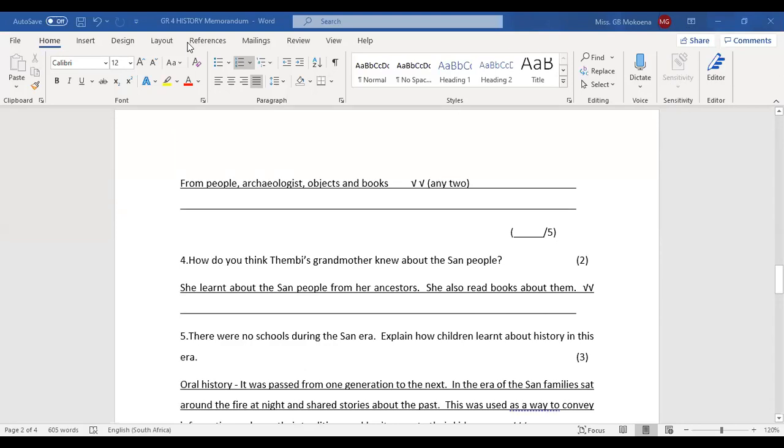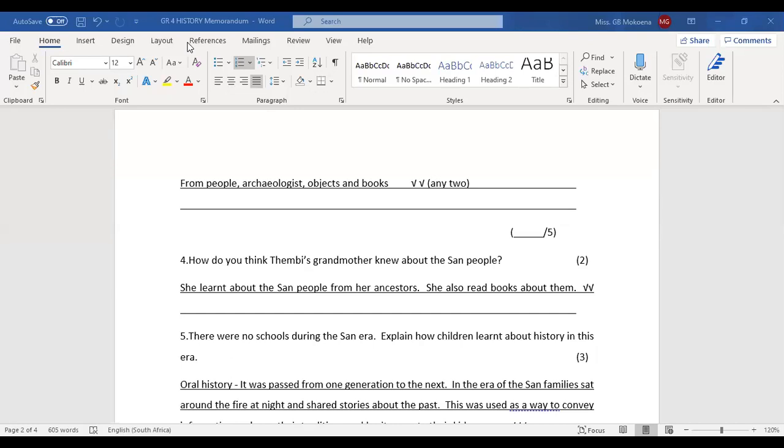Is there anyone who has a different answer than mine? Awande? Nesu? I said they left beautiful paintings on the rocks. Yes, that's correct as well.